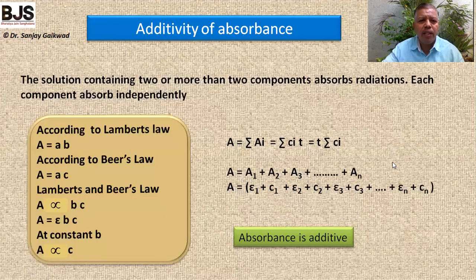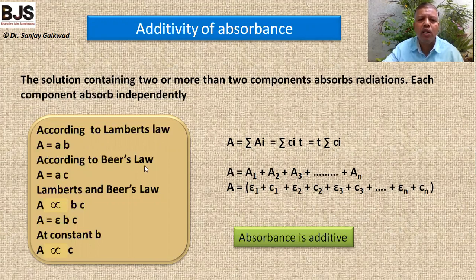Now this is the first application of the spectrophotometer, additivity of absorbance. A solution containing two or more components absorbs radiation. Each component absorbs independently. According to Lambert's law, A is proportional to thickness.